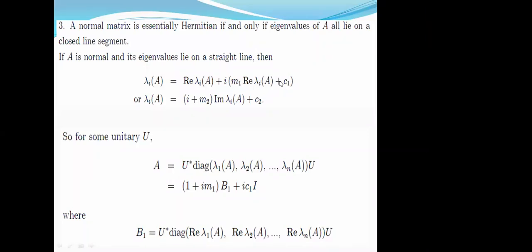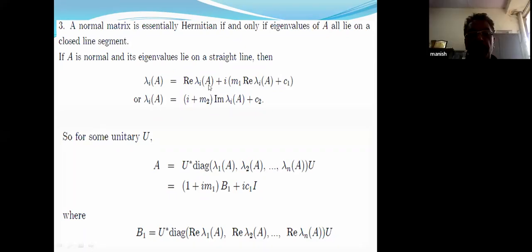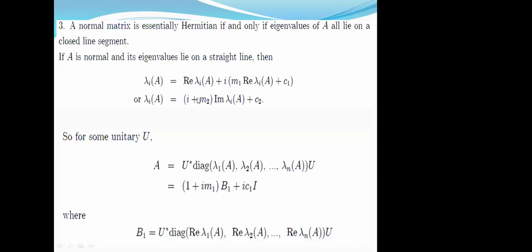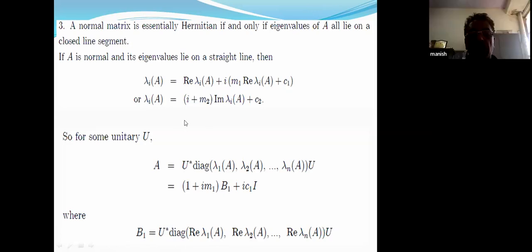So we write the imaginary part in this form. Then lambda_i of A, we calculate this. In the other direction we can also write like this, if we take the imaginary part and then take the equation x equal to m y plus c. Now for some unitary U, A can be written as U star, this diagonal matrix, and U.